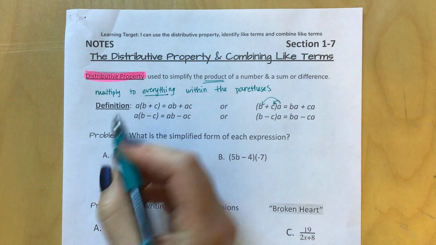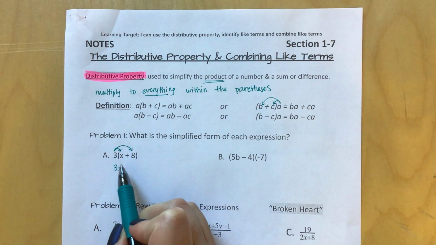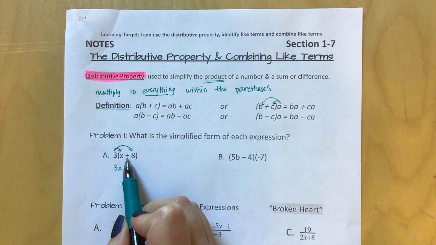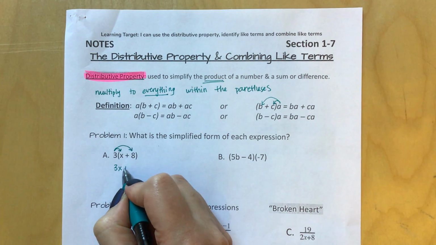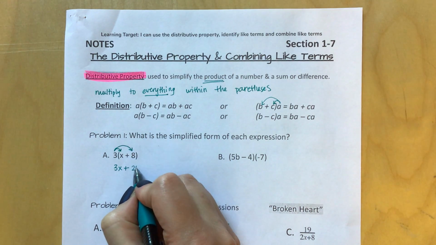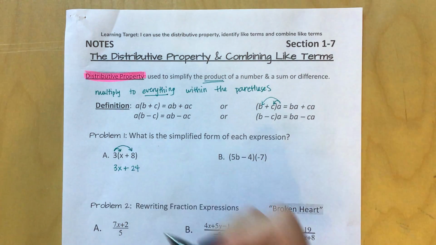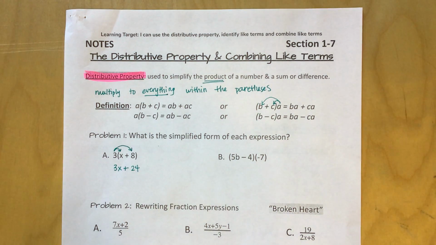Well, 3 times x is 3x. To know what sign goes after that, carry down whatever sign you have. So we have plus 3 times 8, which is 24. And we are done. We can't simplify this anymore. So 3x plus 24 is our answer for that.